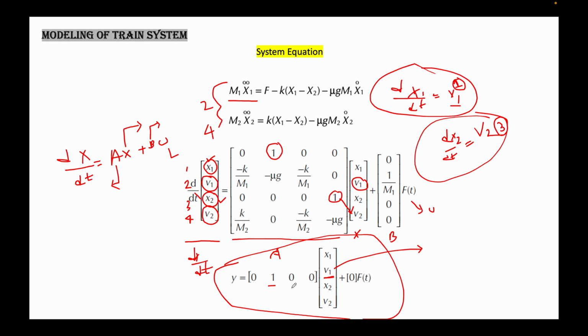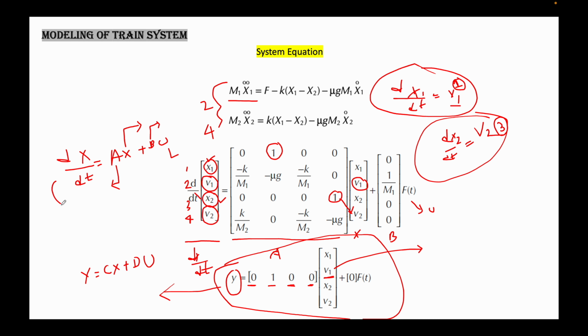So if you want to measure other parameters also, then you will have to make these entries one. Whichever entries you want to make one, you can change, and you will get the y defined in that way. So this is called the output equation, which looks like C into x plus D into u.